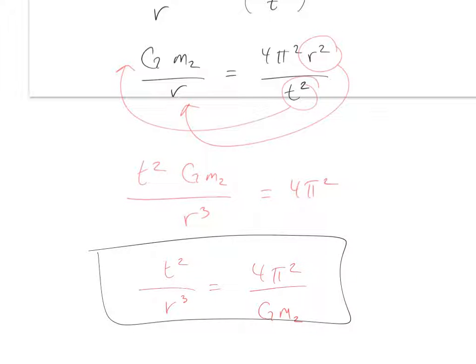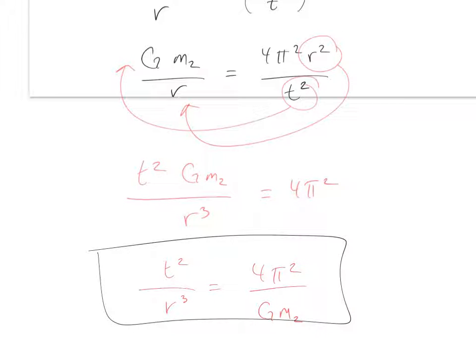These are all constants. So it turns out that T squared over r cubed can be proved to be a constant. If you were to literally calculate this value, you will get one of those two numbers from the last table we just had a minute ago. So anytime you look at the time it takes a planet to revolve squared over its average distance from the sun cubed, you will get some constant that's the same for all planets.